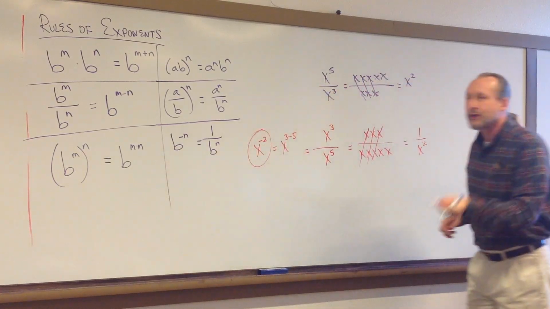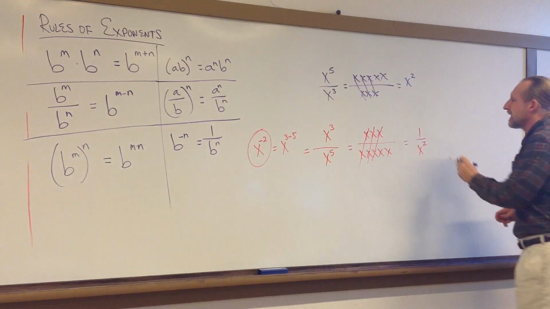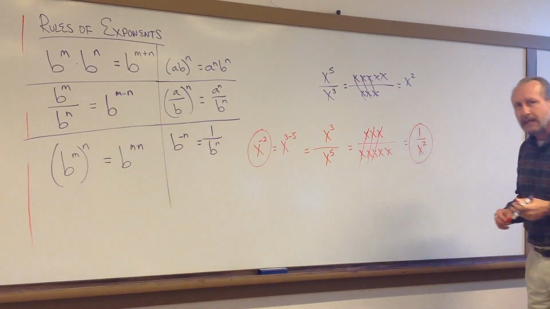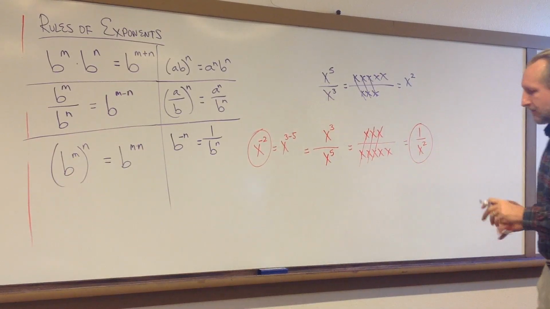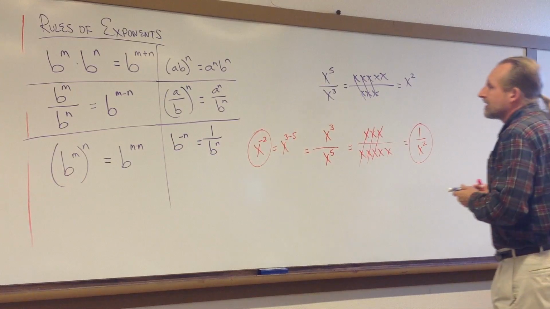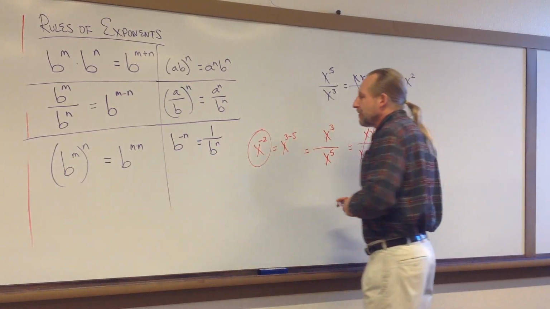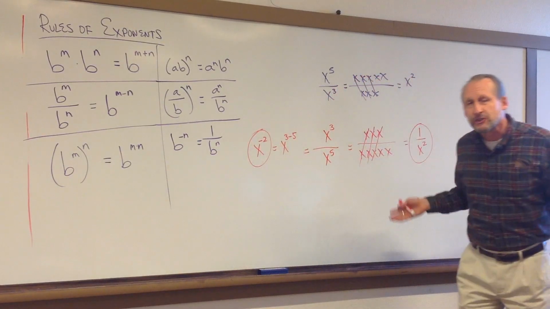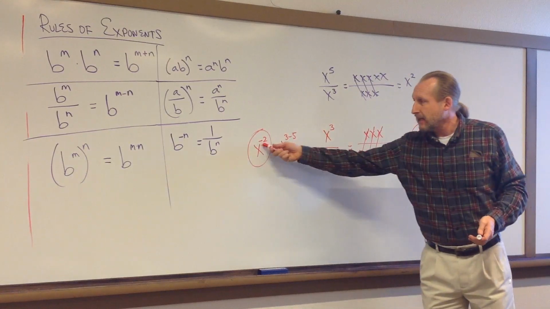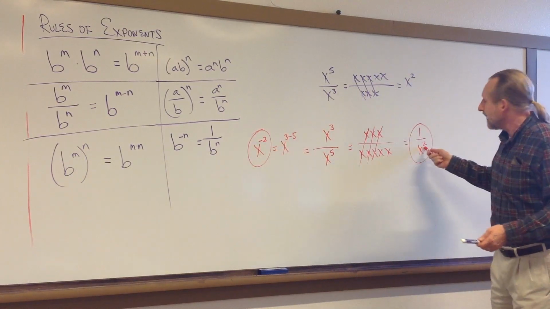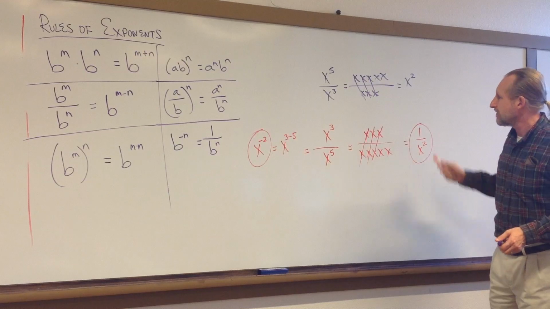So that says the notation x to the negative 2 represents 1 over x squared. The way I like to think of it is, if you've got a negative exponent, that means it's in the wrong place. If you've got a negative exponent on top, that means it belongs in the bottom as a positive exponent.